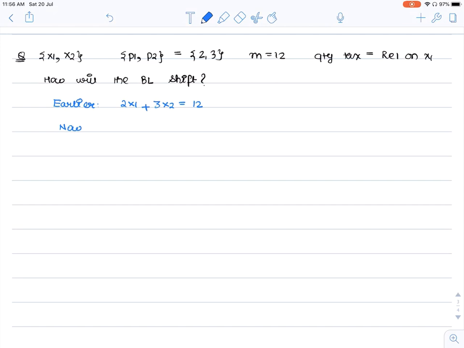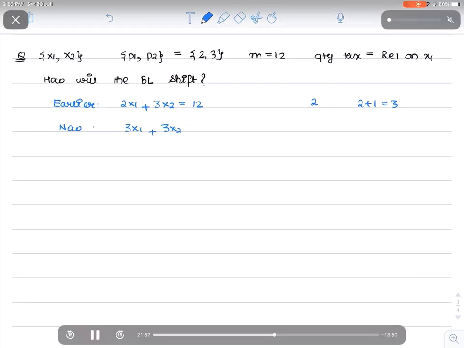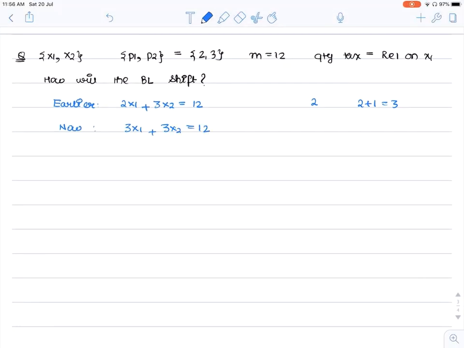Because you have to pay a quantity tax of 1 rupee on each unit. So earlier the price was 2, now the price is 2 plus 1, which is 3. So now the budget line becomes 3x1 plus 3x2 equals 12. Am I clear on this?